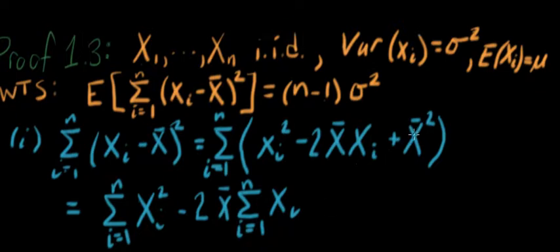And then the last term: this doesn't depend on i, so it's just n repetitions of that added to itself, so plus n X bar squared.